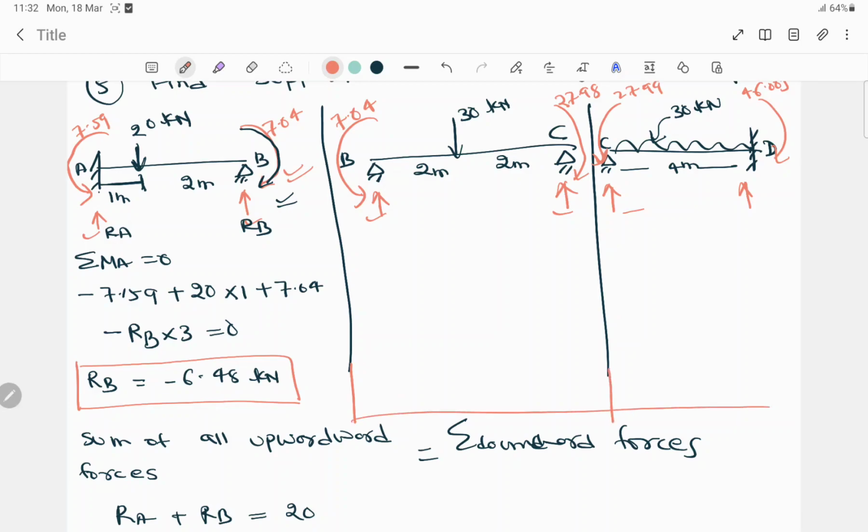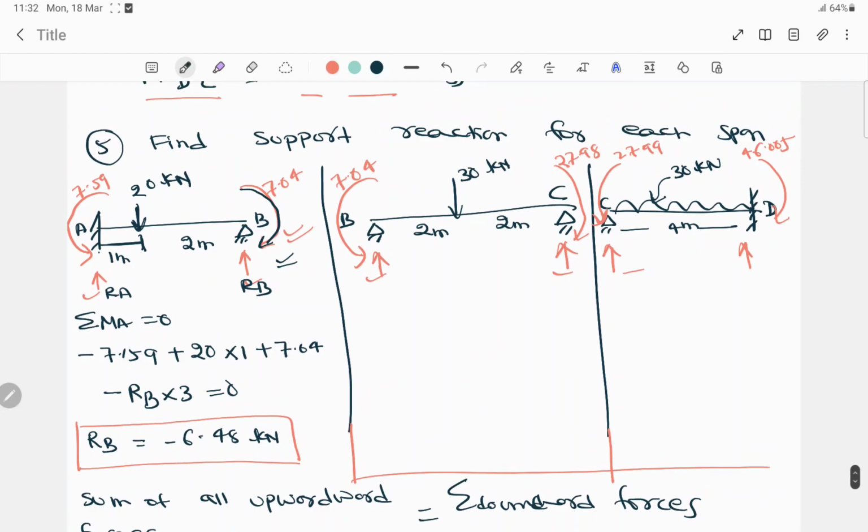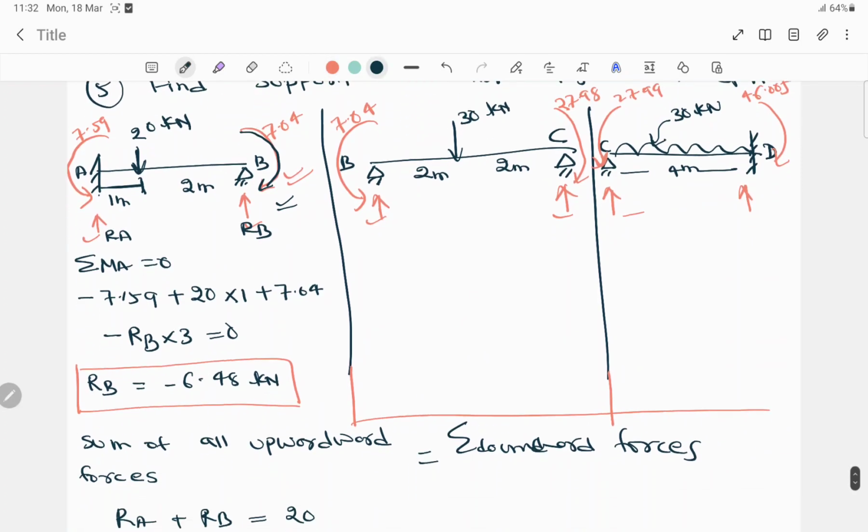Okay, now again we have to solve for the B to C span. Here from B to C, again we follow the same, summation of all the moments towards B is equal to 0. Here also it's a negative moment, so minus 7.04, plus 27.98 which is clockwise, plus the downward force 30 into 2, minus RC into the whole distance 4, is equal to 0.